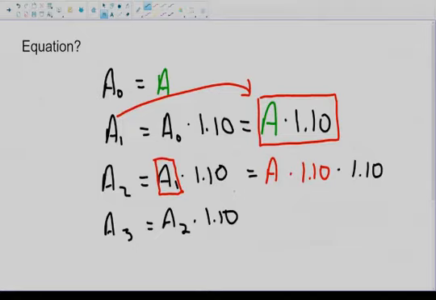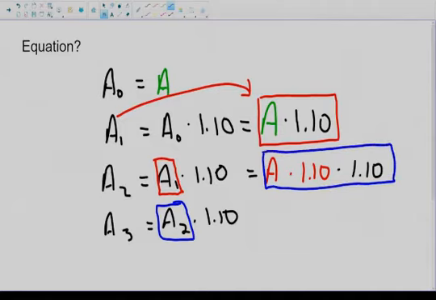Okay, for A3 in the third year, didn't we use the second year's value and multiply it by 1.10? Well, again, if I use color here to show you what's going on, isn't A2 this quantity? So replace A2 by A times 1.10 times 1.10, and then the new 1.10.